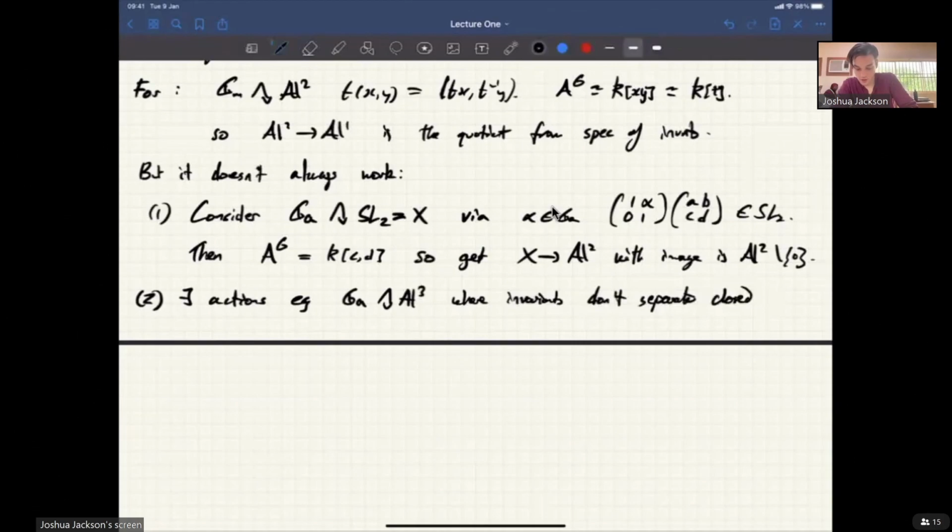And this is also bad, because that means we've glued things together that we shouldn't have had to glue together, in some sense. It's not going to satisfy this minimal gluing property if two perfectly happy, disjoint closed orbits are getting identified. That's not good.